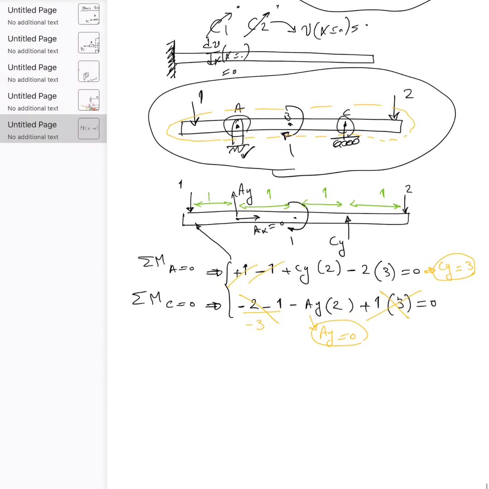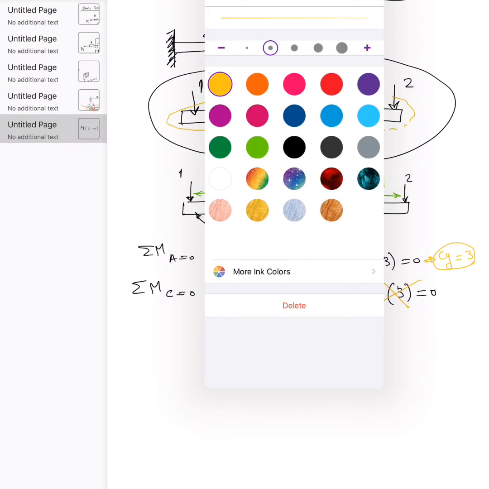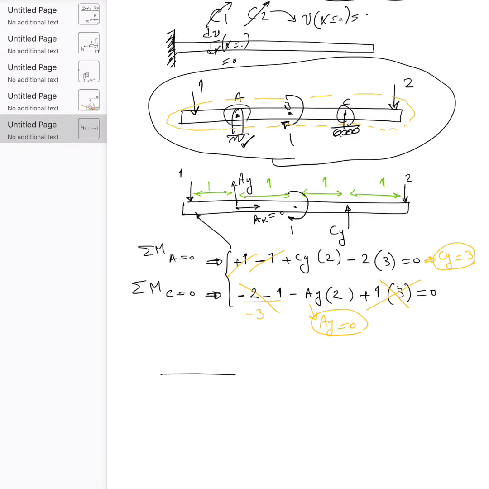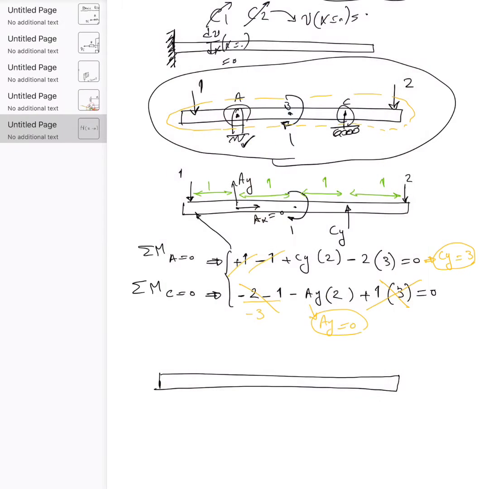Okay, so in fact what I get is, let's draw this beam one more time, a beam under this kind of loading. I want to use another color to make the loadings more visible.